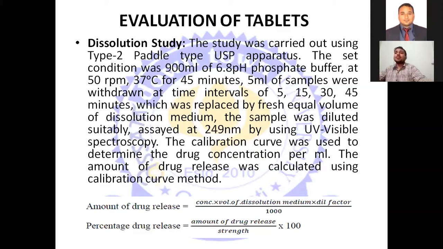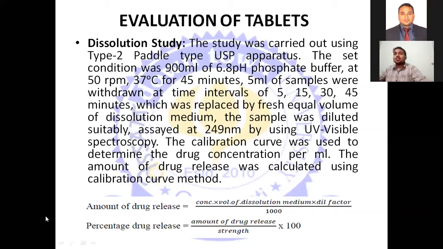After preparing the calibration curve, the amount of drug release can be determined by the given formula: amount of drug release is equal to concentration into volume of dissolution medium into dilution factor divided by 1000.